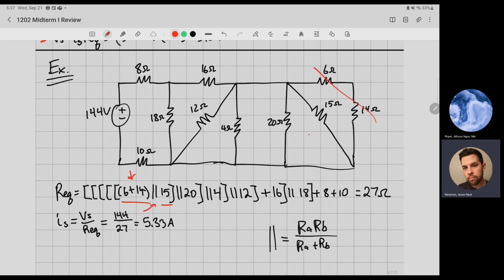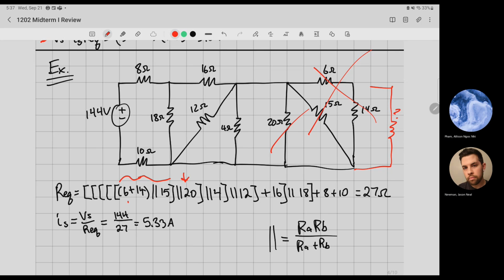So now you know that you have a resistor here that is in parallel with this 20. So now you say, hey, this whole value right here is now in parallel with 20, which is right here. So you calculate that, and then you can get rid of that.